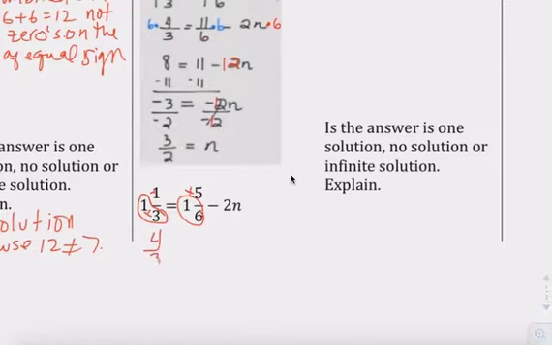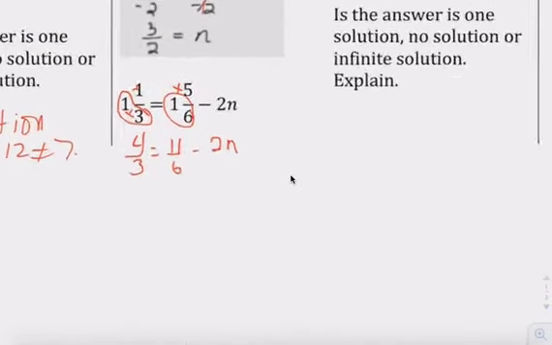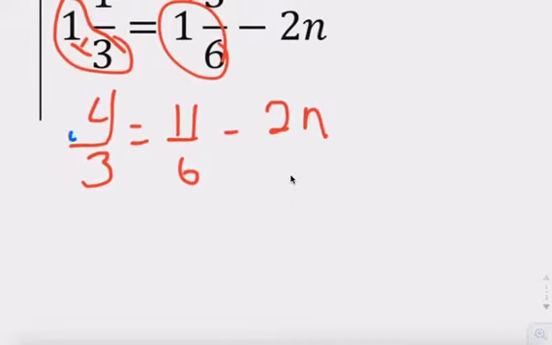4 over 3 equals 11 over 6 minus 2n. Then multiply each one of them by 6, because that's the least common denominator, which is 6. So you get 4 over 3 times 6. That's your first one here.